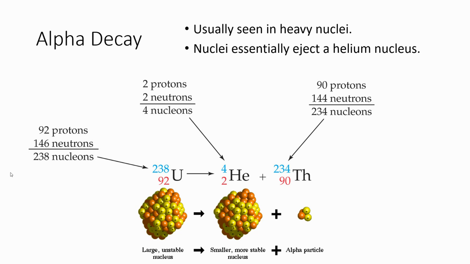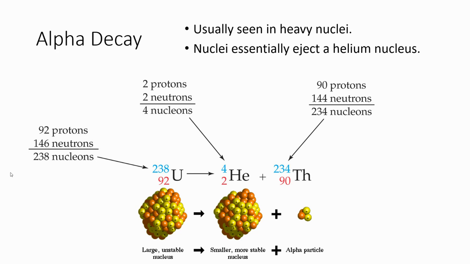They also tend to have nuclei that are fairly unstable because of the mass of the nucleus. And so the process of nuclear decay, as we have talked about it, is always about going from unstable parent isotopes to more stable daughter isotopes.